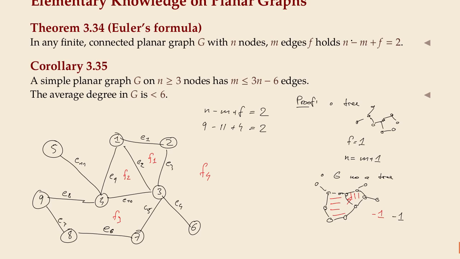So that means this term on the left-hand side just remains constant. And if you continue doing that, at some point all the cycles will be gone and you'll be left with a tree. So that's the reverse direction of a proper inductive proof. How many edges do I have to cut till I reach a tree?